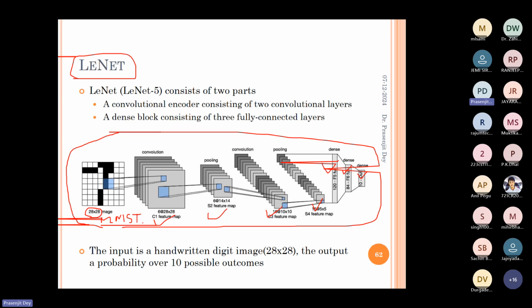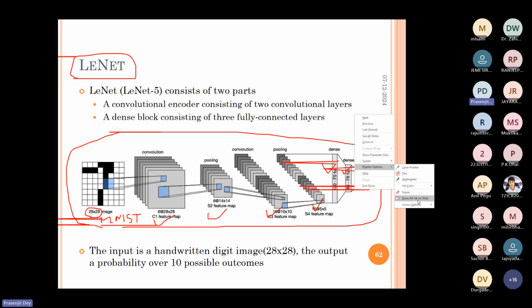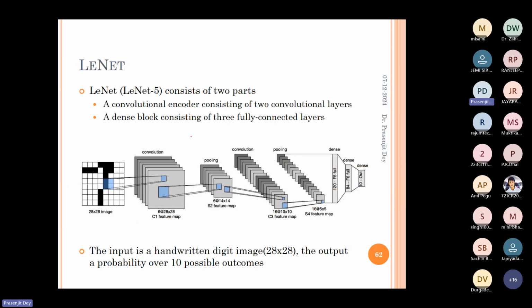The dataset contains handwritten digits from zero to nine, with 10 classes, and it tried to classify all the handwritten digits. So I am going to demonstrate in my Google Colab how this LeNet can be implemented. But before that, I would like to receive questions from our participants.